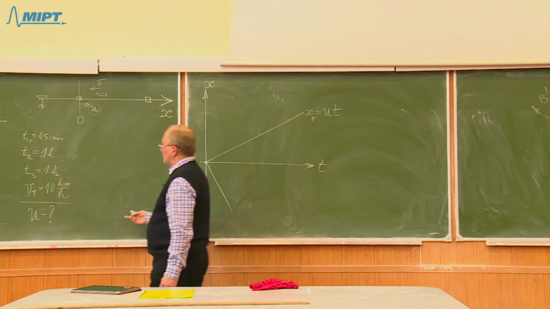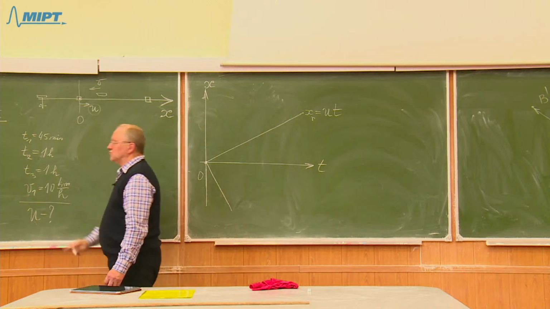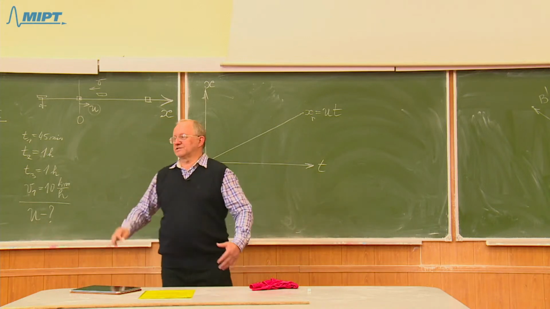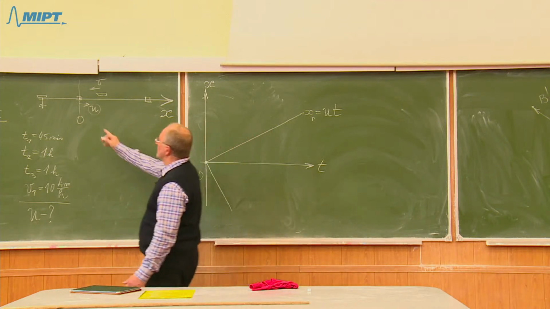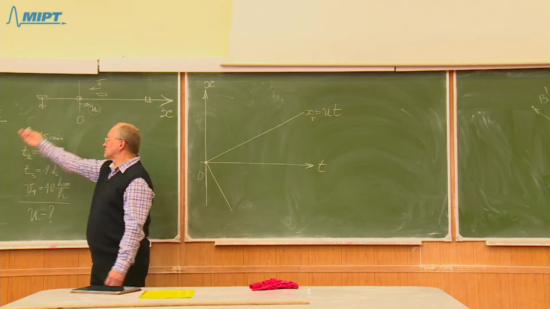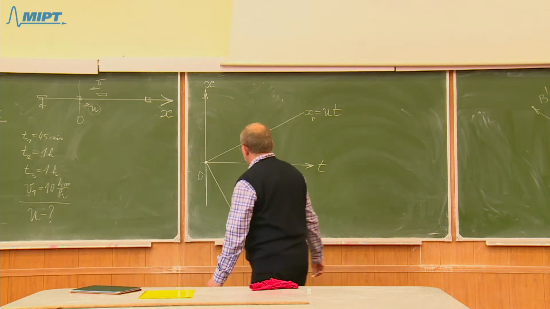That would be v1 minus u, the velocity of the boat minus the velocity of the river flow, because in this particular case the boat goes up the river stream, so against the flow of the river.